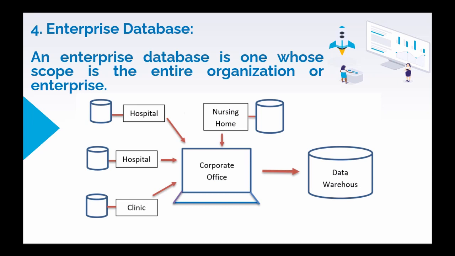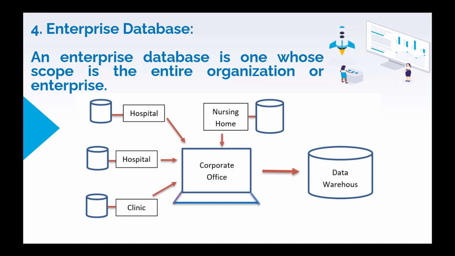Then lastly, we have the enterprise database. An enterprise database is one whose scope is the entire organization or enterprise. As you can see, these are the various data sources I mentioned earlier, the cylinder shapes, or drums, that represent the sources or databases.